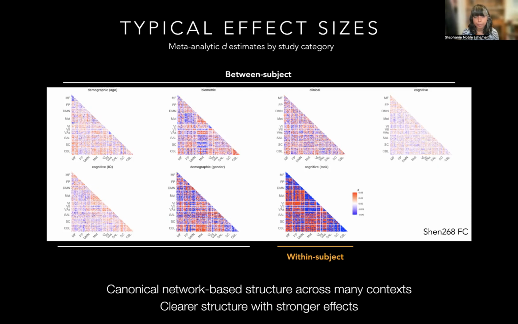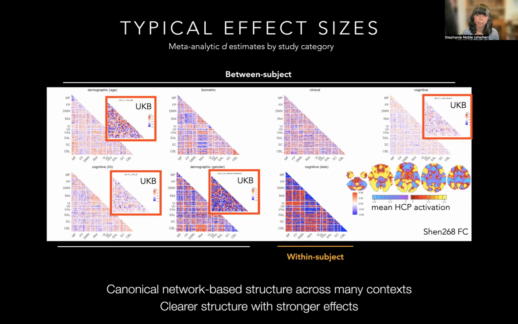And we can look at some of the other non-Shen types of effect maps. So UK Biobank uses ICA to define the nodes here. I don't have a mapping for that at the moment. I'm looking into it to see what the structure looks like, but that is a next step. I'm just showing this here for completion.